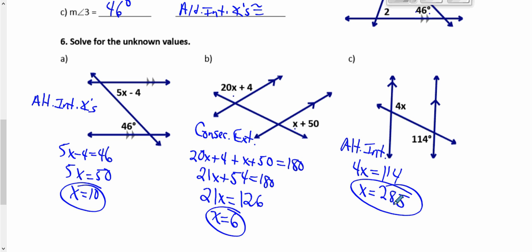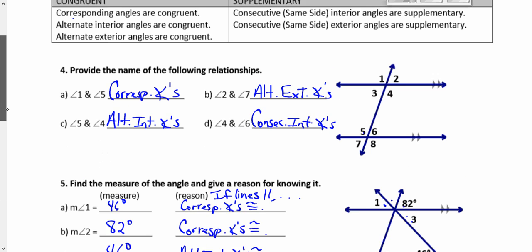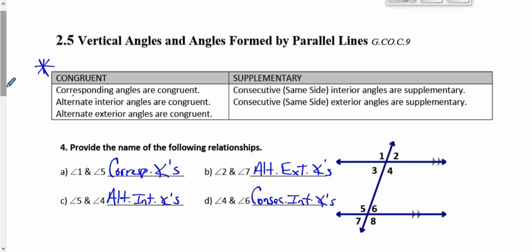Okay, so you've got to know the angle pairs and how they relate if the lines are parallel. They're either going to be congruent or supplementary. And quick references, like right up here on this page, you get doing your problem set. Right here's all congruent pairs. There's all the supplementary pairs. Which ones are alternate interior?